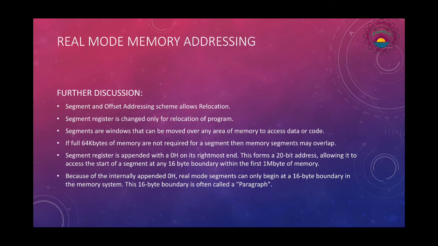Then you may have an extra segment of 200 bytes. So it is not necessary to have a full 64 kilobyte segment in memory, but you may use it according to the need of your program.